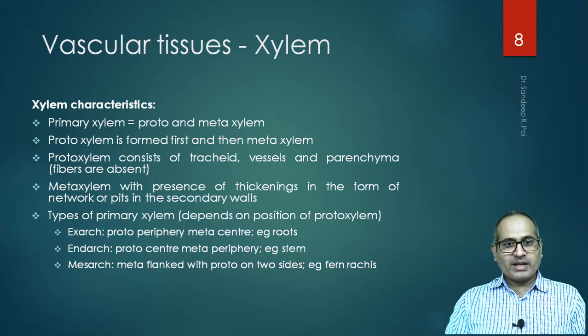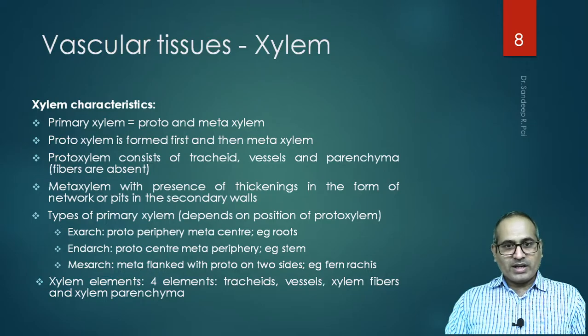And when metaxylem is flanked with protoxylem on 2 sides, that means in the center there will be metaxylem and on both sides there will be protoxylem, as we observe in fern rachis, this type is known as mesarch primary xylem.